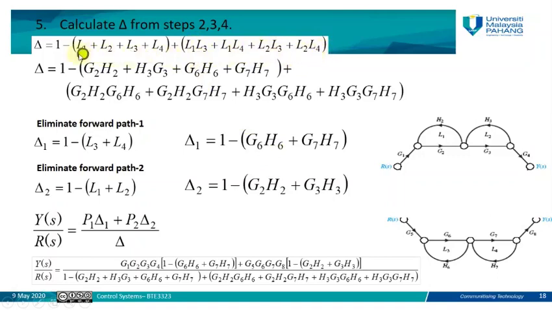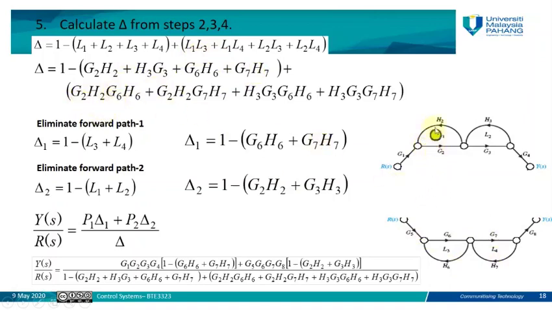So we just need to substitute the value of the gain for these loops. The gain of loop 1 here is equal to G2 H2, this one G3 H3, this one G7 H7, G6 H6. So we need to substitute in this term. And here L1 L3 means the gain of L1 times the gain of L3.